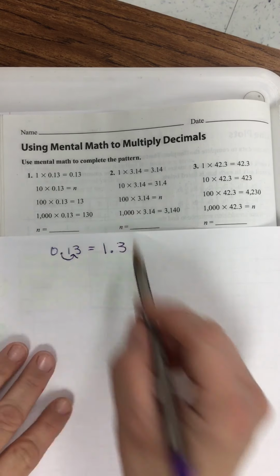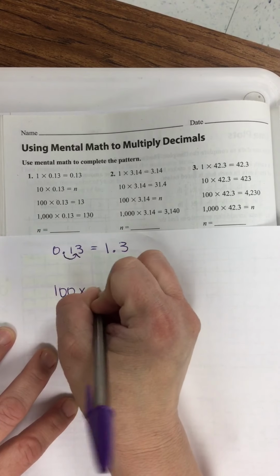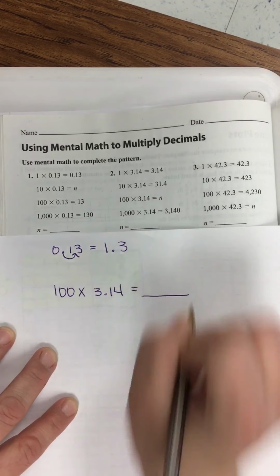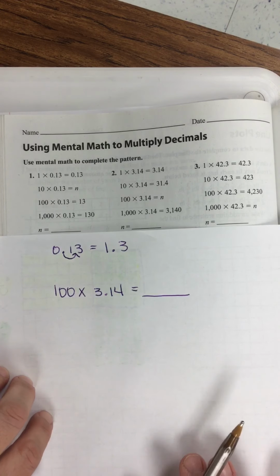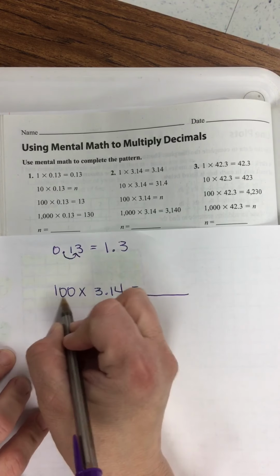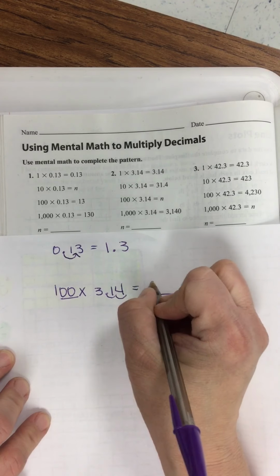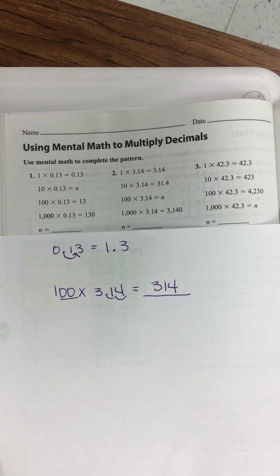Look at number 2. What would 100 times 3 14 hundredths equal? There are 2 zeros, so I'm going to move the decimal 1, 2 places. So it equals 314.